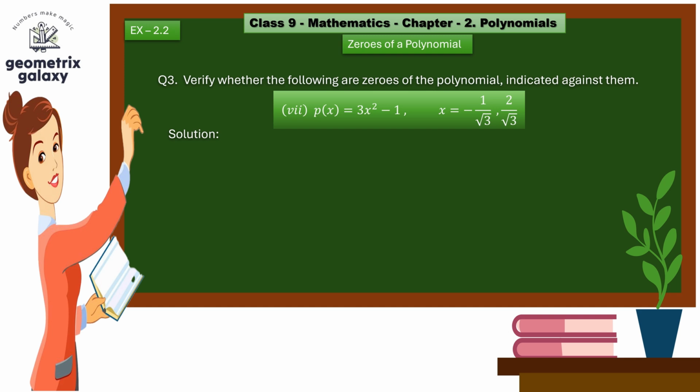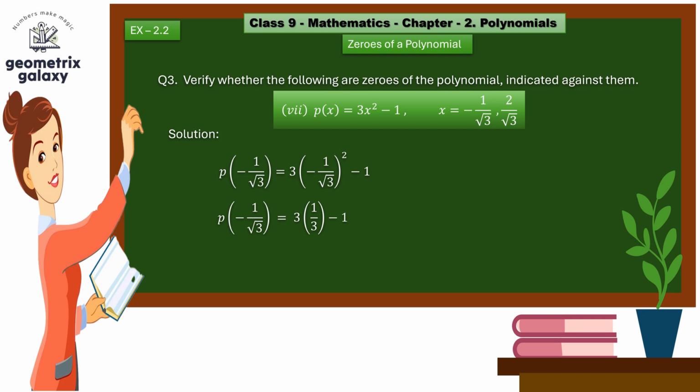P of minus 1 by root 3 is equal to 3 into (minus 1 by root 3) whole square minus 1. If I square minus 1 by root 3, the answer will be 1 by 3. So I can write this as 3 into 1 by 3 minus 1.